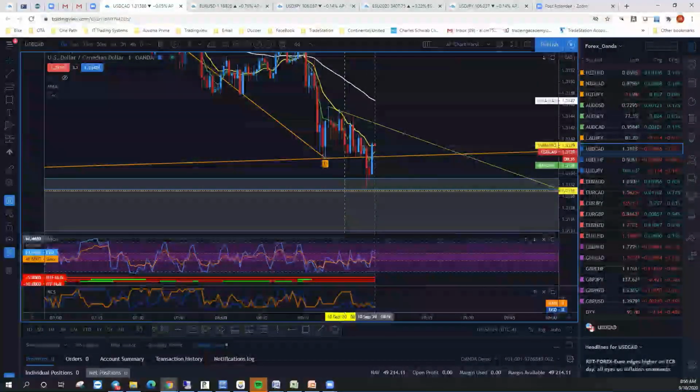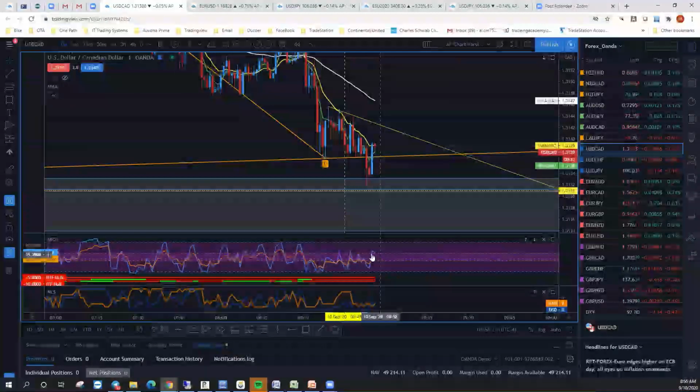RSI is coming up. It's giving us a little bit of a hook right up here out of the 40, 60 range.